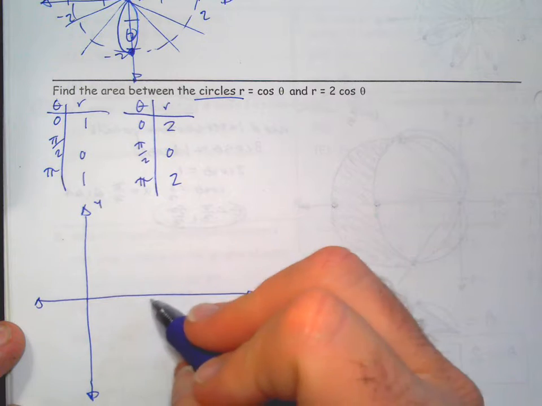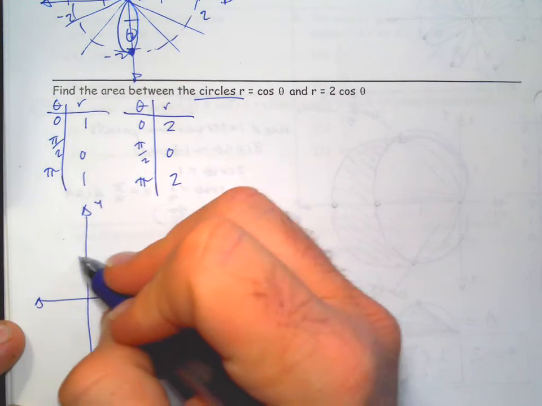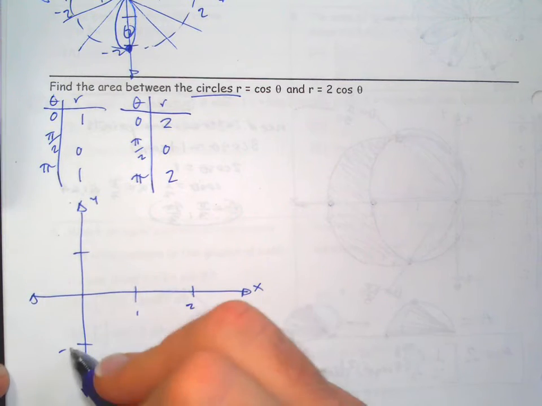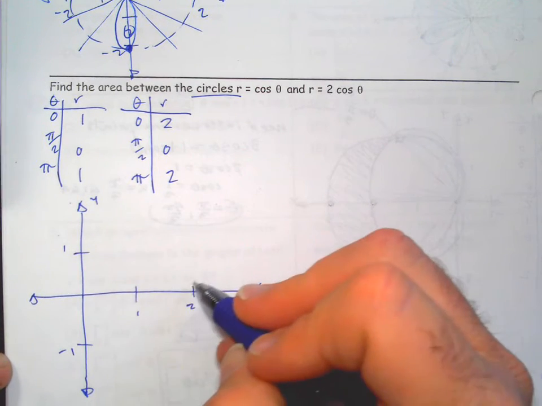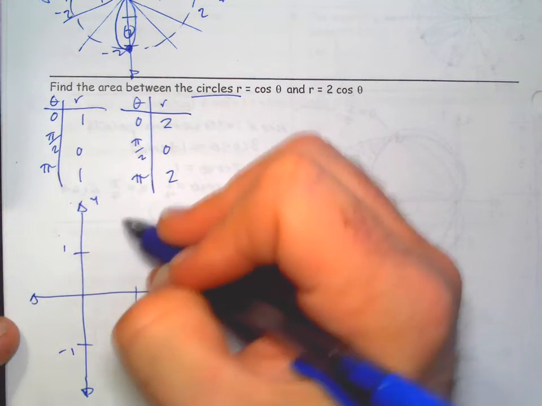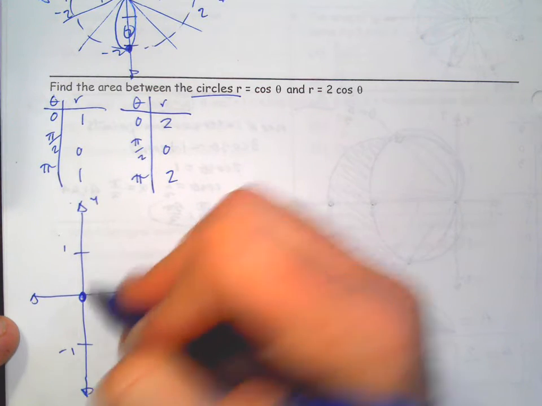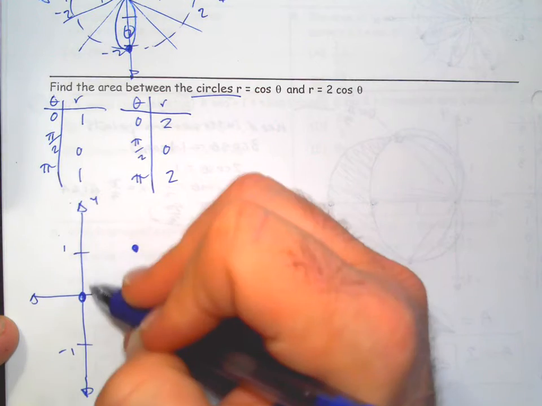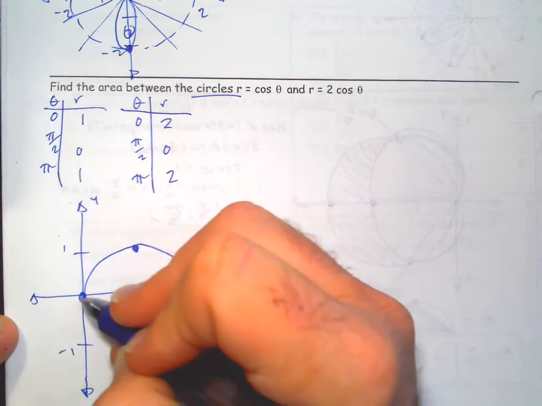Okay, so the bigger one's 0, 2, and then it's back to here, and in between, we would have a radius of 1 the whole time. So that's the bigger one.